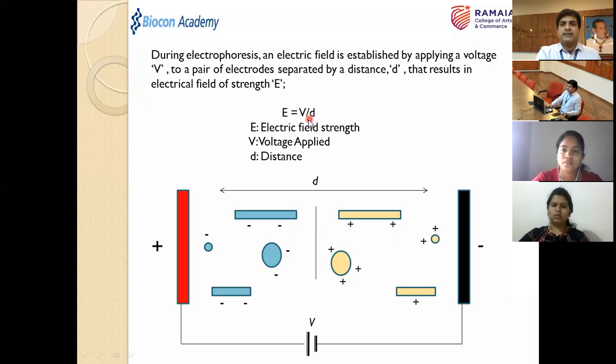If the distance is more, then if you are applying a particular electric field, you have to change accordingly. So distance is inversely related to the electric field, and electric field is directly related to voltage. If you apply more voltage, the electric field will be more for a particular distance.